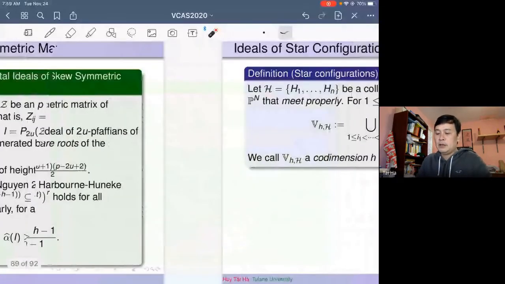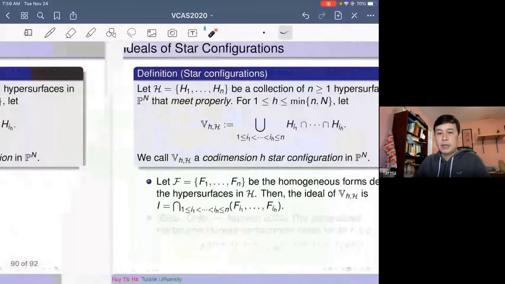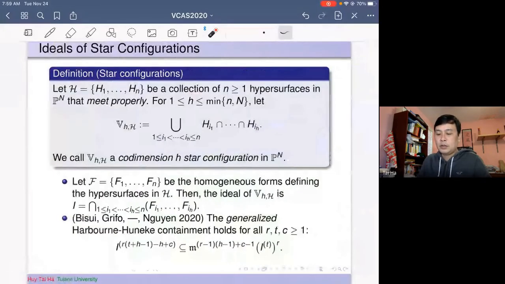And finally, if we start with a star configuration, then the defining ideal of a star configuration also satisfies the Harbourne-Huneke containments, and we have a more general statement with more parameters involved in the powers. And once again, that basically says that the ideal of a star configuration satisfies the Bayes-like inequalities.